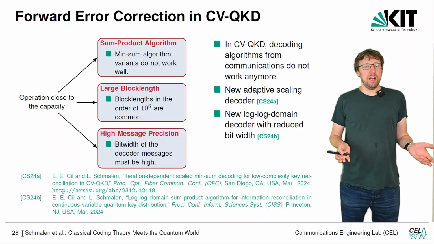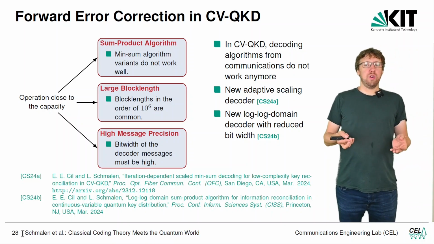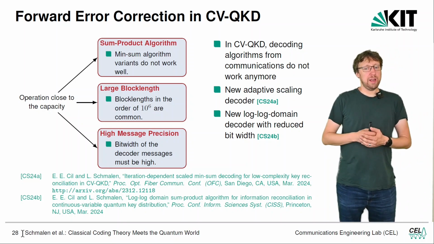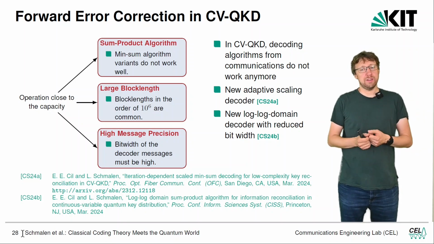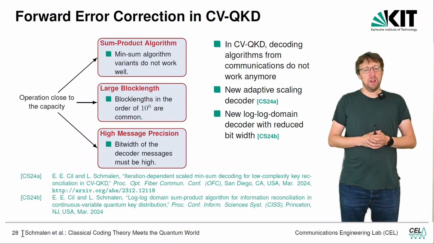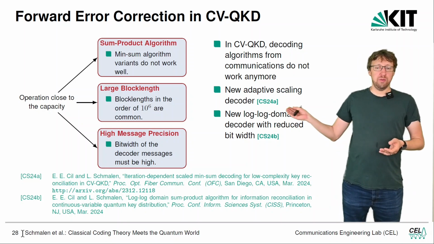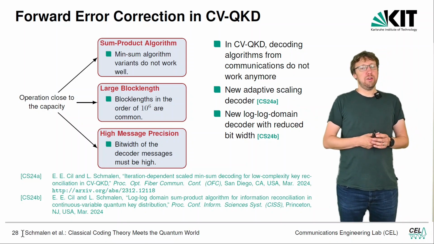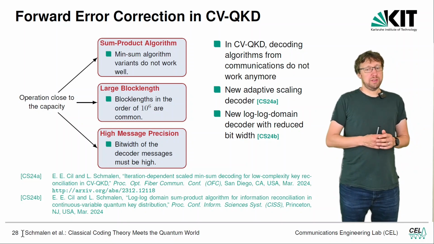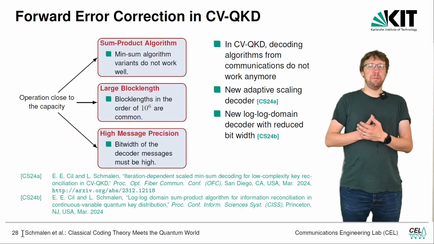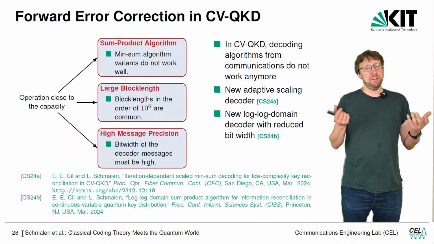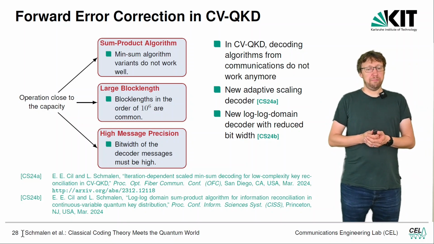So, to summarize, decoding algorithms from communications don't work anymore in quantum key distribution, in particular in continuous variable quantum key distribution. And for this scheme, we proposed new adaptive scaling decoders. We proposed new decoders in the logarithmic or the double logarithmic domain that can drastically reduce the bit width.